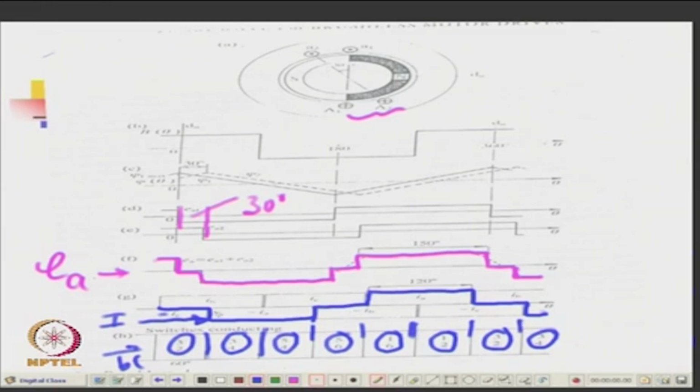Now, that means you have to switch the windings in appropriate rotor positions, that is very critical. Okay. And only supposing if your IA is somewhere displaced, then there will not be a maximum torque. Okay. So, induced voltage and the injected currents are now in phase. Okay.